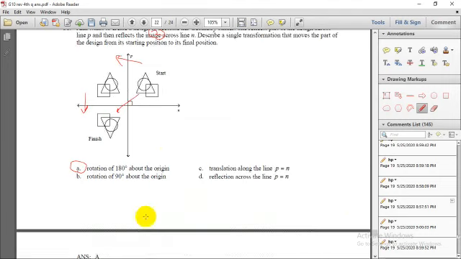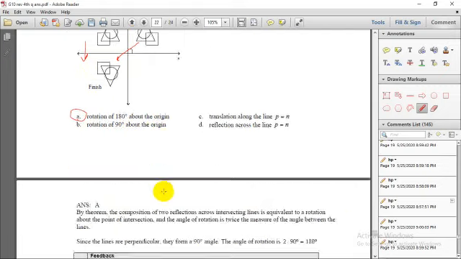So here, these two reflections are equivalent to this rotation. Rotation about the origin was 180 degrees.